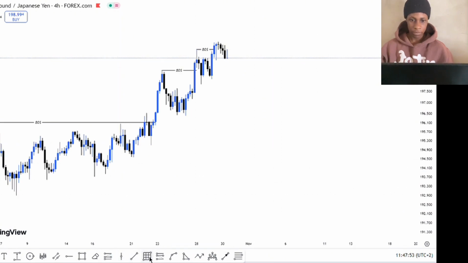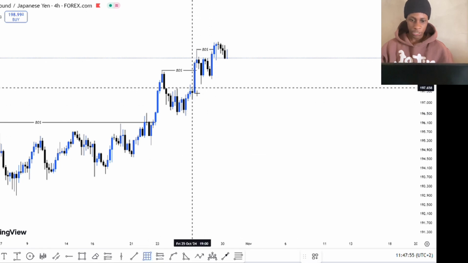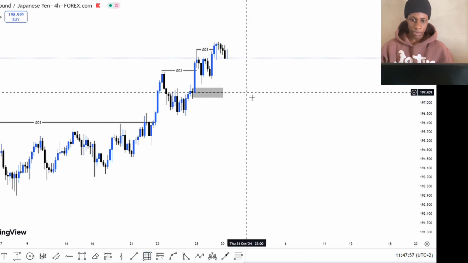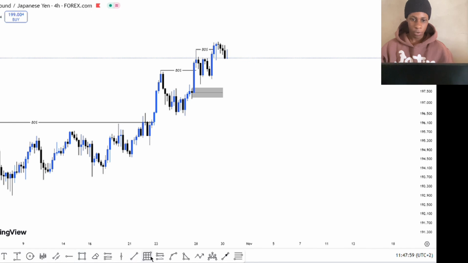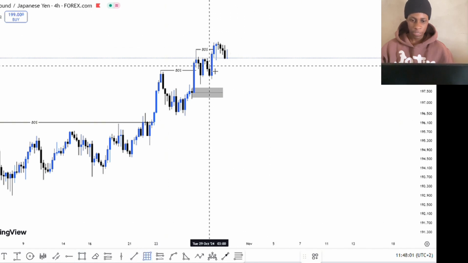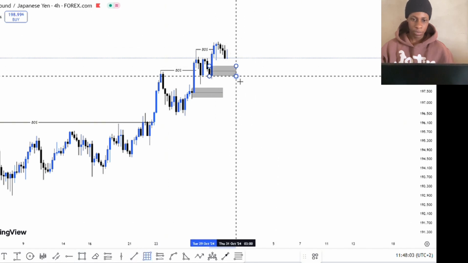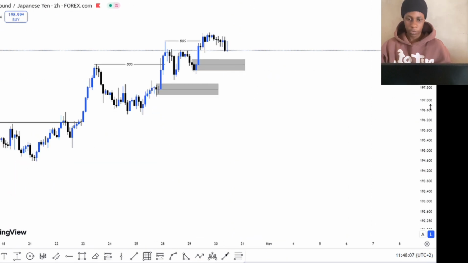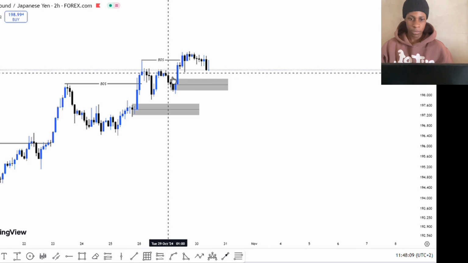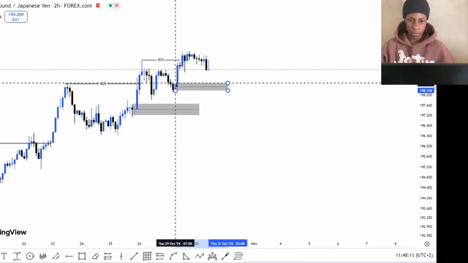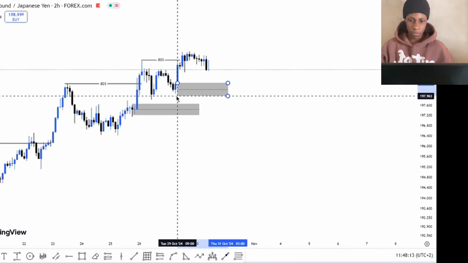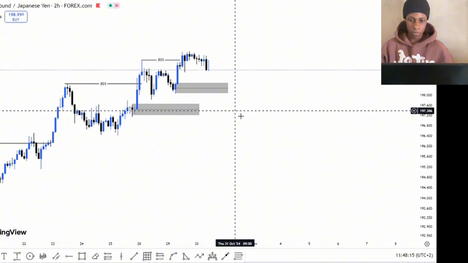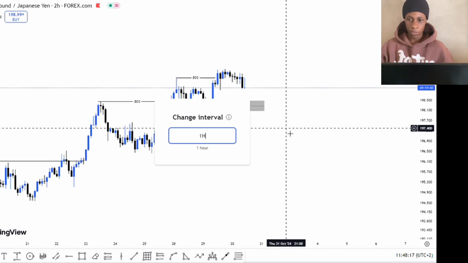This is also a break of structure to the upside. Our origin is this zone right there, but since this is far away, we're going to use the recent order block right here. Let's move down to 2 hours to refine the zone.